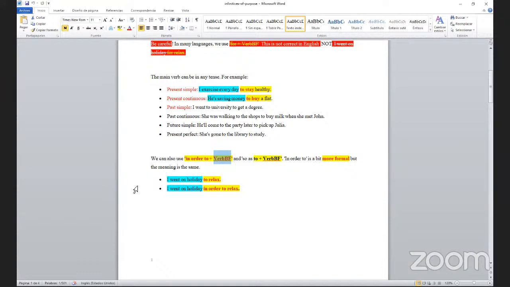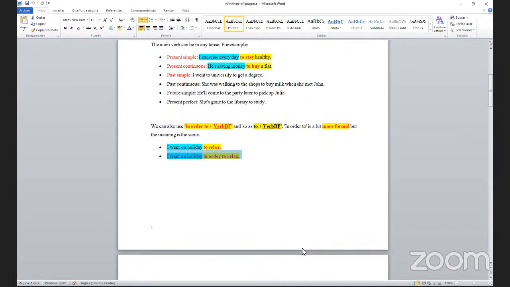So I could use, for example, these two ways. The first one, which is not so formal, I went on holiday to relax. I went on holiday in order to relax. The second is more formal than the first one, but both are okay. Both are correct.